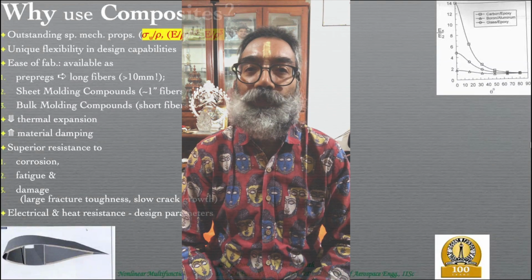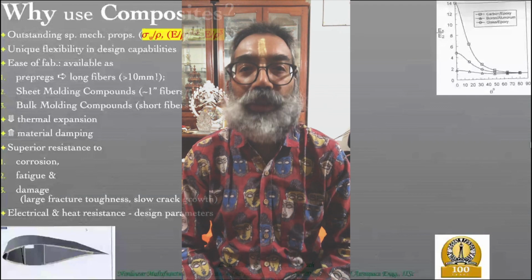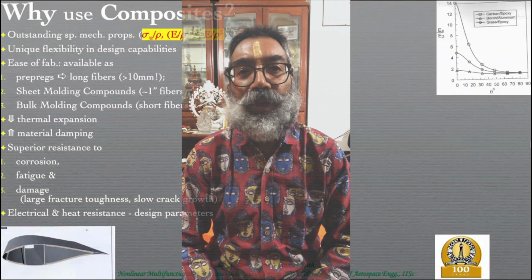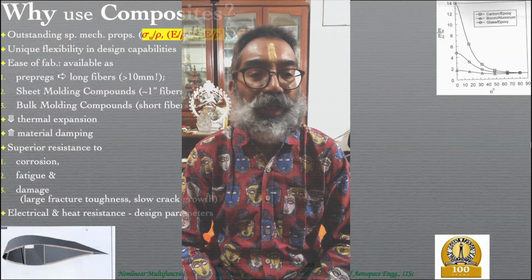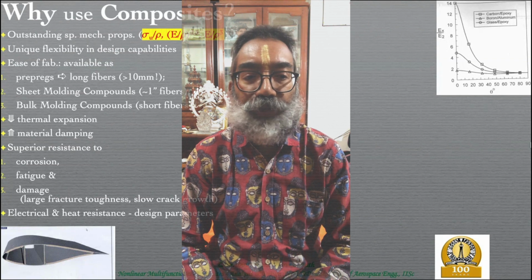And then the additional advantage we get, especially in vibrating structures, is that there is a material damping coming from the polymer, which is higher than in most metals. And then, of course, there is a superior resistance to corrosion, fatigue, and damage.